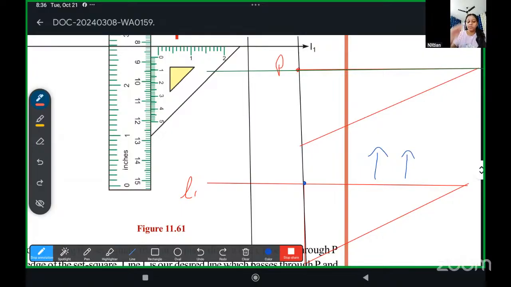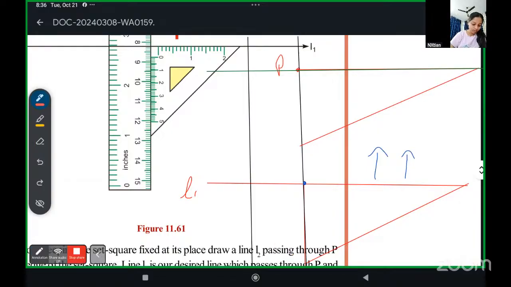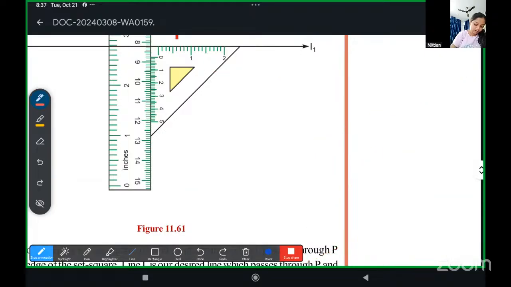Mark a point P. And name that straight line L1. Mark a point here around P point.